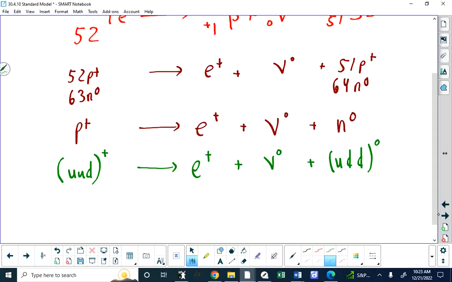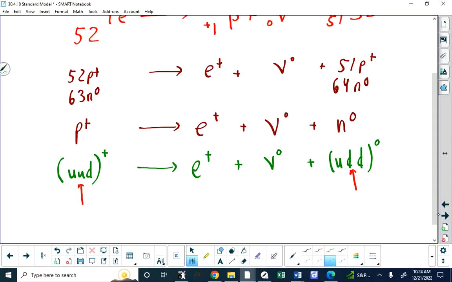But when you take a look at it, the up and the down quarks in here are still there. The only thing that's changed is this. And again, not that it really matters, but when you take a look at the different colors of the quarks, it's because of the change in the color that changes the type of quark.